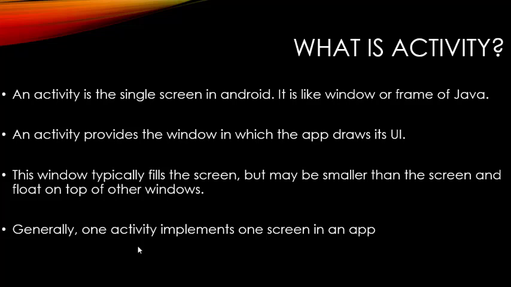Generally, one activity implements one screen in the Android application. By default, when you create an Android application, Android Studio creates an activity for you. That is your activity_main.xml and, for coding, the MainActivity.java file.